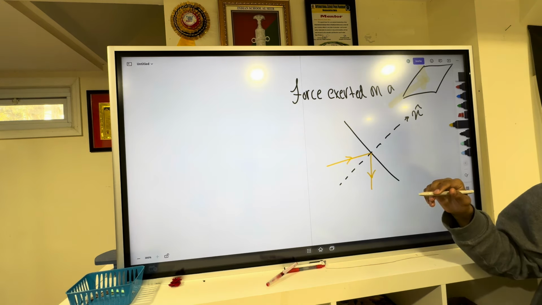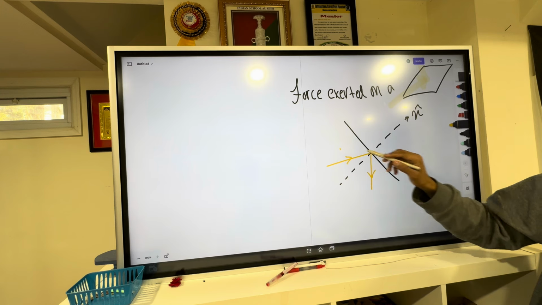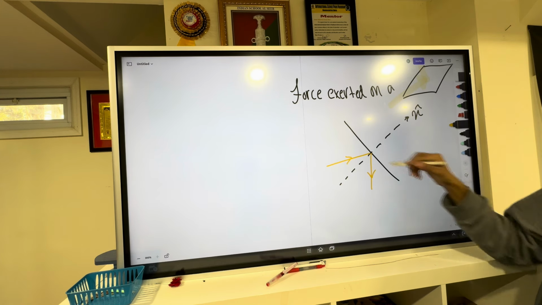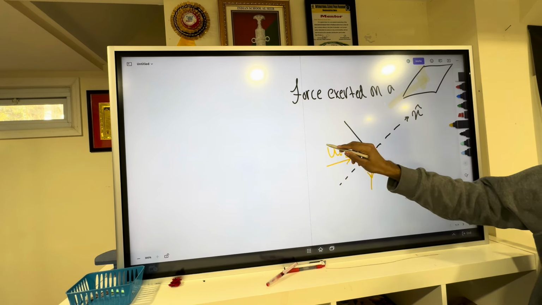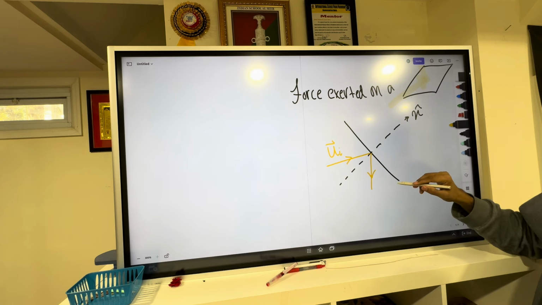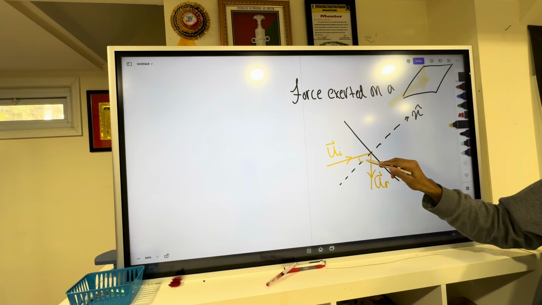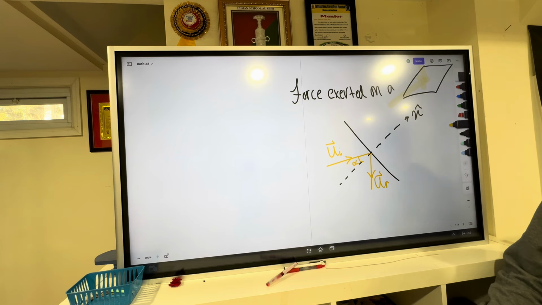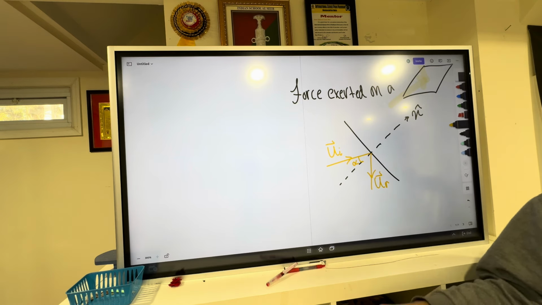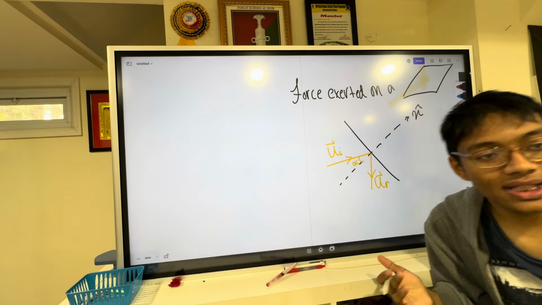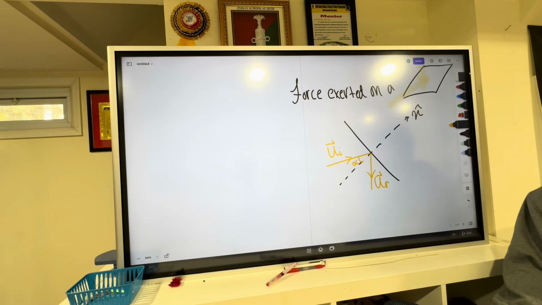So here we go, look. So here is the incident light beam, let's call it U sub I for incident. And here is the reflected light beam, let's call it U sub R for reflected. And let's say the angle of incidence and reflection are alpha. This is of course non-relativistic, so we can assume that the angle of reflection is the same as the angle of incidence.